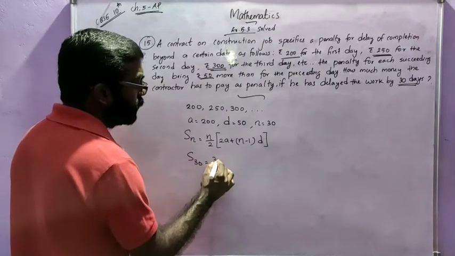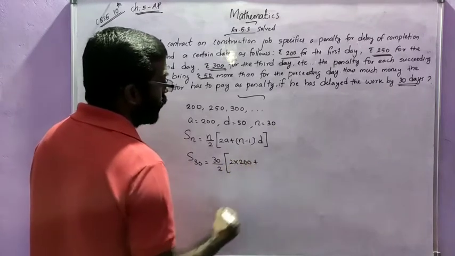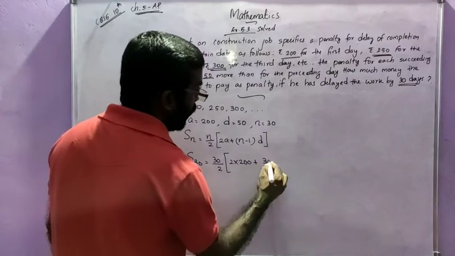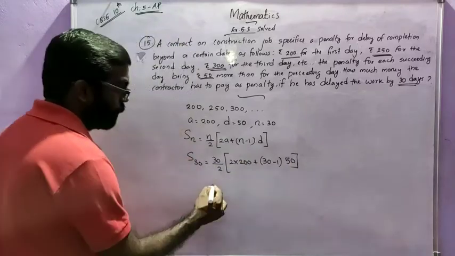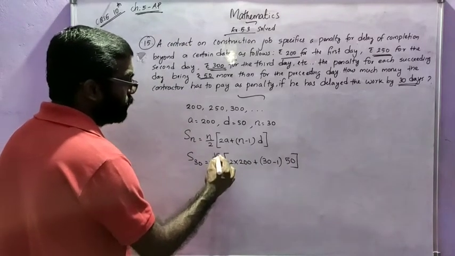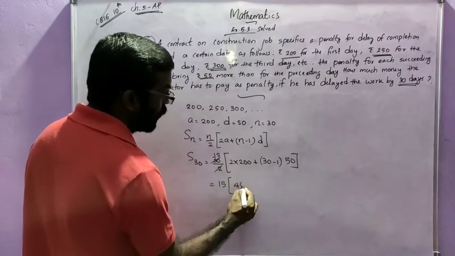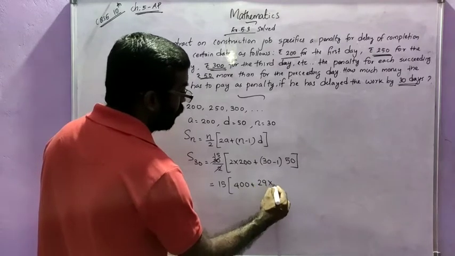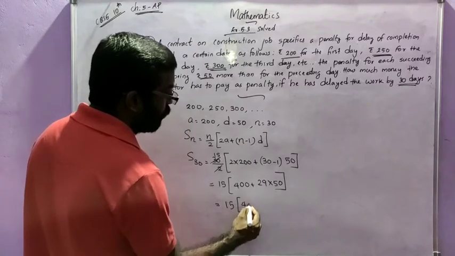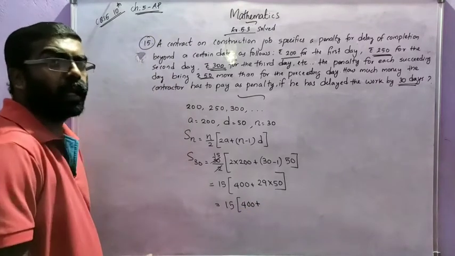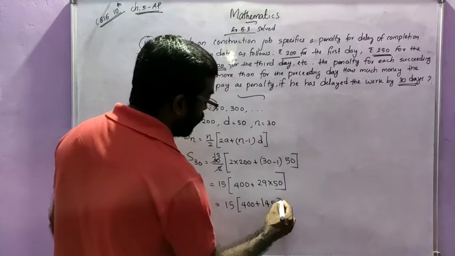S30 is equal to 30 by 2 into 2a, that is 2 into 200, plus n minus 1, that is 30 minus 1, into d, d is 50. 30 by 2 is 15. So 15 into 2 into 200, that is 400, plus 29 into 50. Which is equal to 15 into 400 plus 29 into 50. 29 into 50 is 1450.